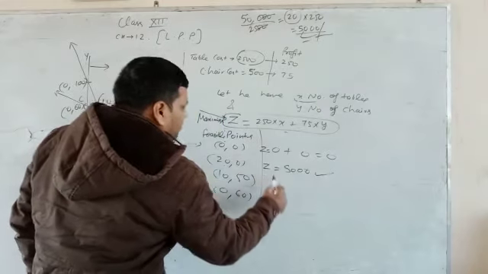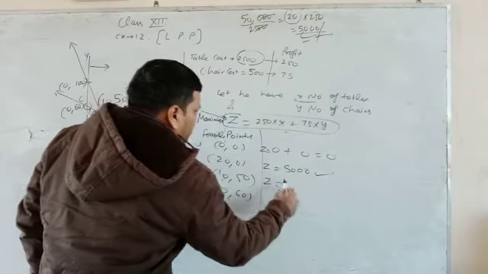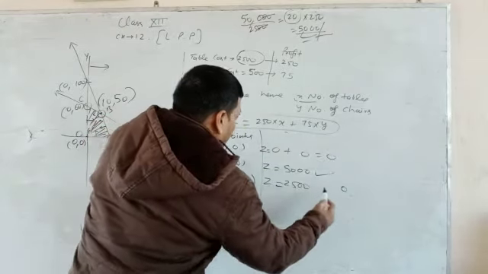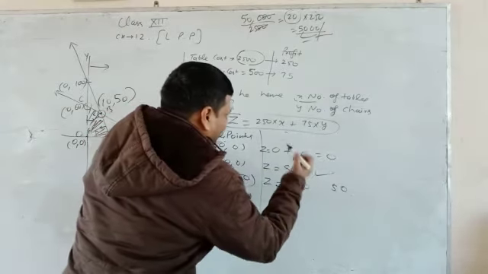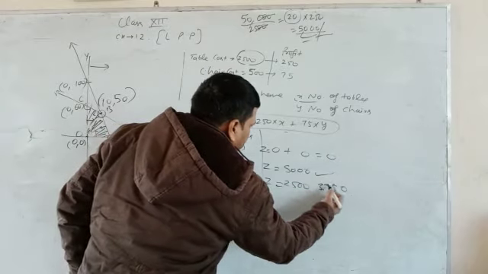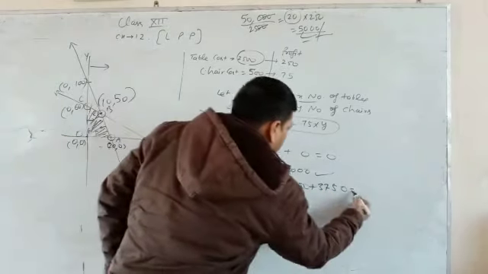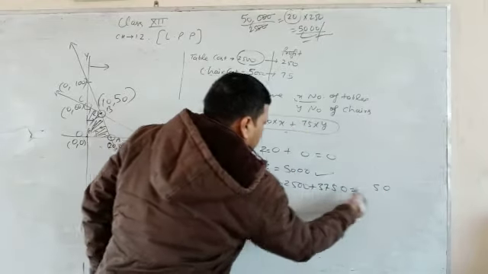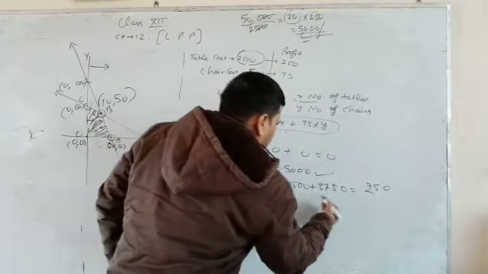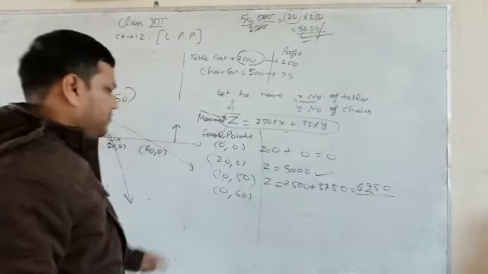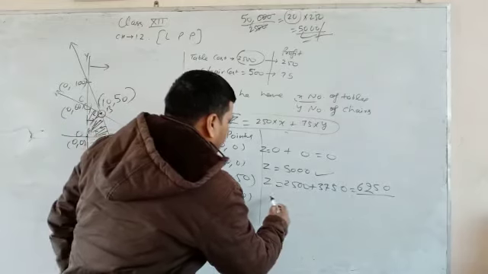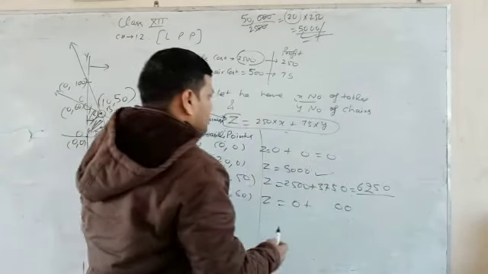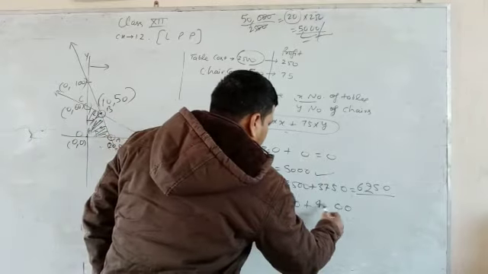At 10, 50, z is equal to 2500 plus 3750, that is 6250. At 0, 60, z is equal to 0 plus 60 times 50, that is 3000.